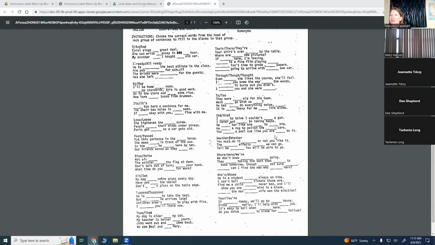They're going to arrive with their own car. Spell the first one. There. No, that's the place. Yeah, because if we spread it out, they are or they're going to arrive.